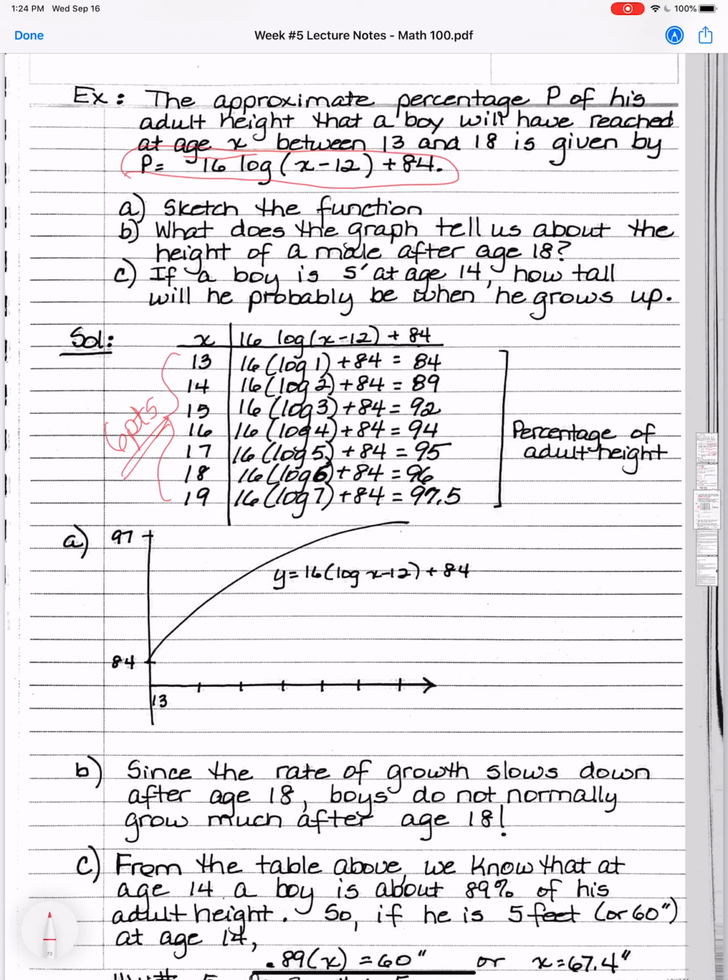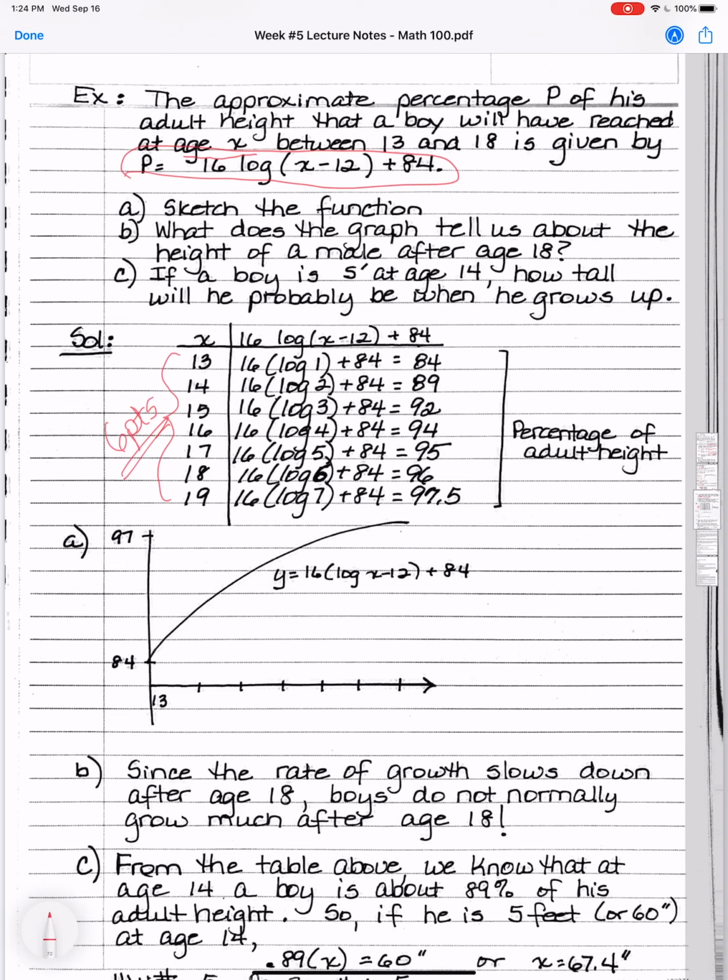And in this example, since I knew we were talking about boys between the ages of 13 and 18, I just chose 13 through 19 to give me my data points. And I plugged those numbers into my formula, looking at the number of years beyond the time they are 13 to figure out what my x is.